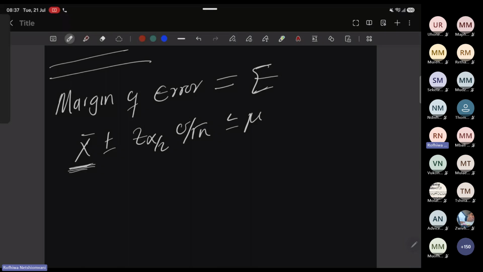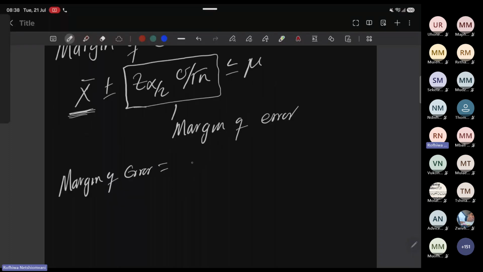The things that increase or decrease the value of X bar is this. Now, that is the only thing that decide what X bar we're going to have. And this is what we call margin of error, which is given by E, will always be Z alpha divided by 2 sigma over square root of N.